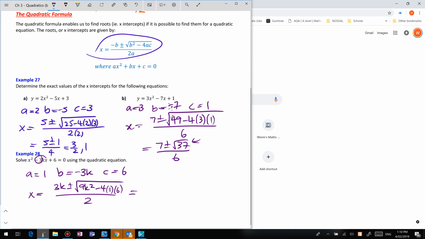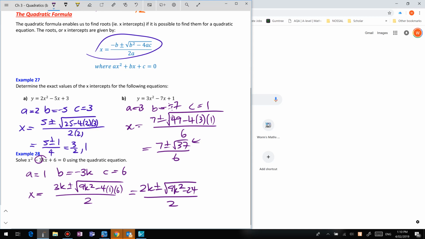So we get 3k plus or minus root 9k squared minus 24 on 2. That's our solution. Of course, you can put that into the calculator. It'll give you the same answer.